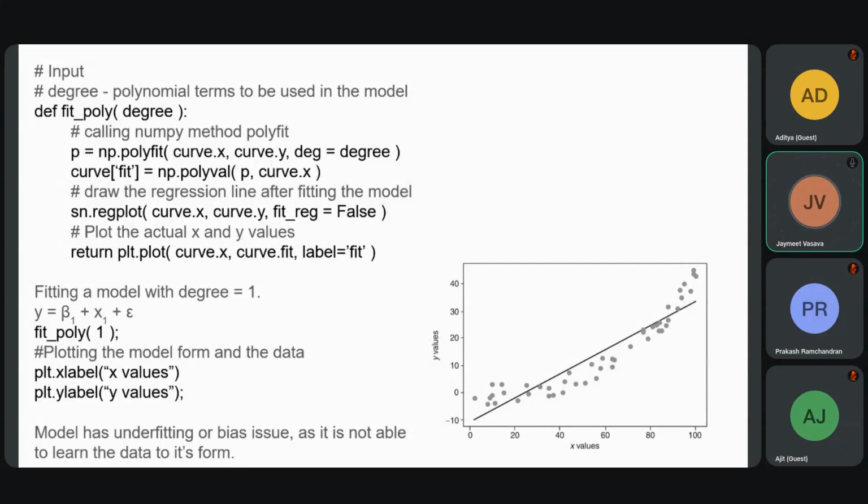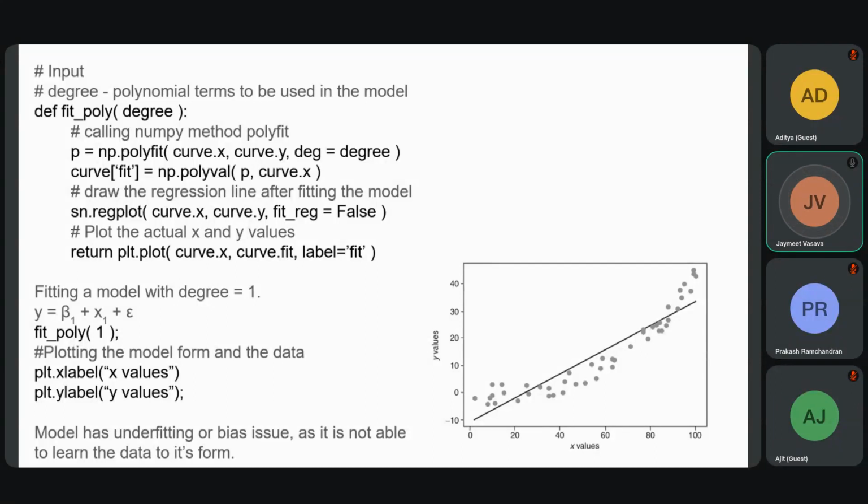the mathematical equation shows beta 1 is actually beta 0. Please keep that in mind.